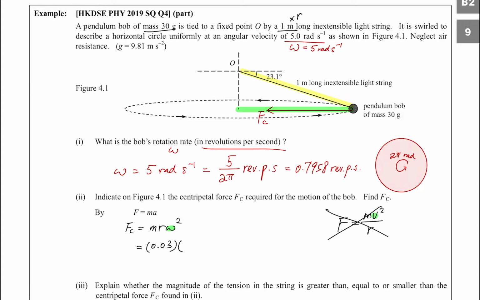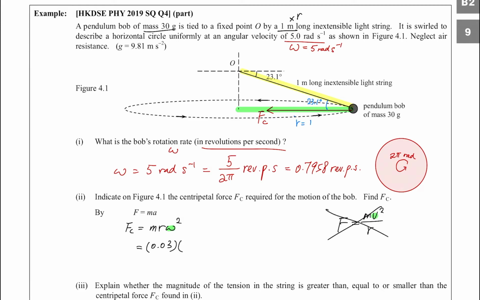However, it is good though because angle is given. This angle is 23.1. So we would very easily know that the radius would be equals to 1 meter times sine 23.1. I'm sorry, I mixed up. Let's go back. This angle is 23.1 degree.